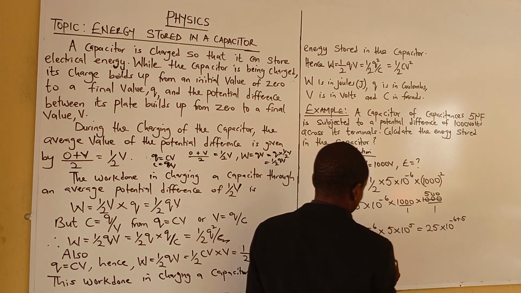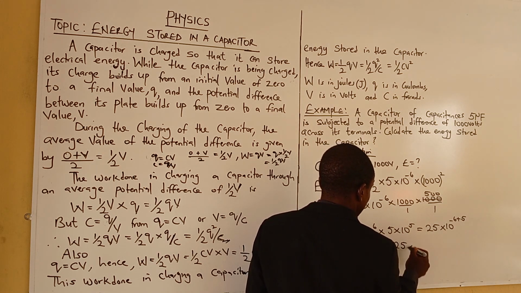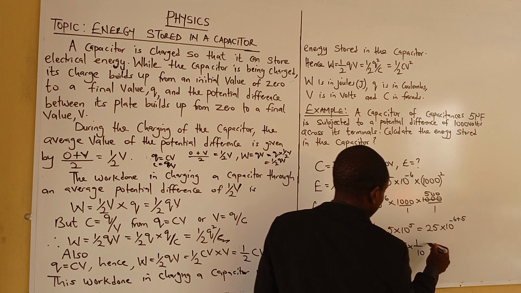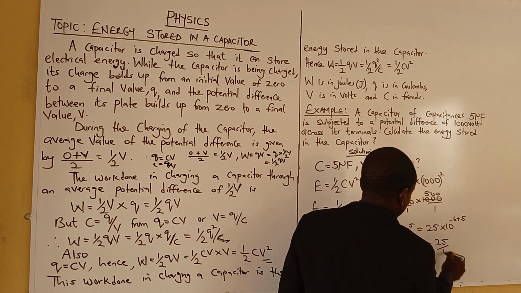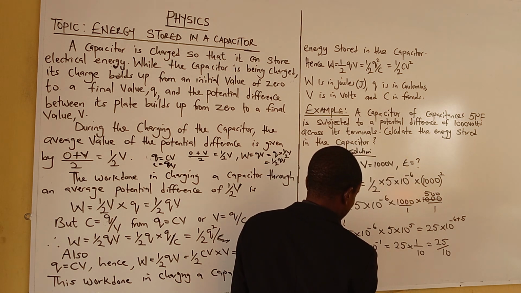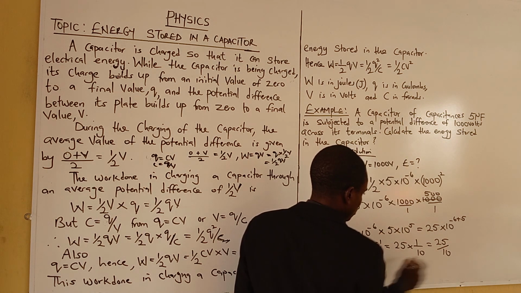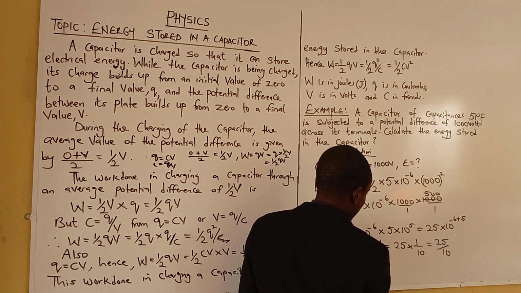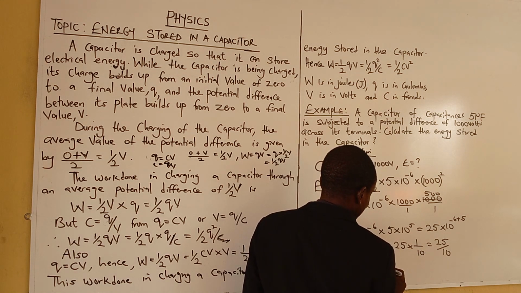Minus 6 plus 5 is minus 1. Which is the same thing as 25 times 1 over 10, which is 25 over 10. Energy equals 10 goes in 25, 2.5 joules.